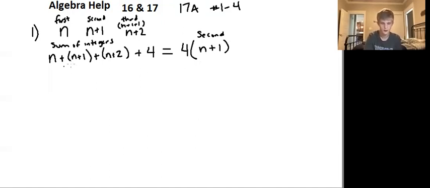Okay, and then once you get to here, I wouldn't say it's super easy because it looks long, but it's really not too bad. There's just n's and some numbers. So we're going to have to combine all of these together. I'm going to color code mine. And then the numbers. And then we'll have to distribute and multiply over here. So I have 3 n's. And then I have a 1, 2, and 4.